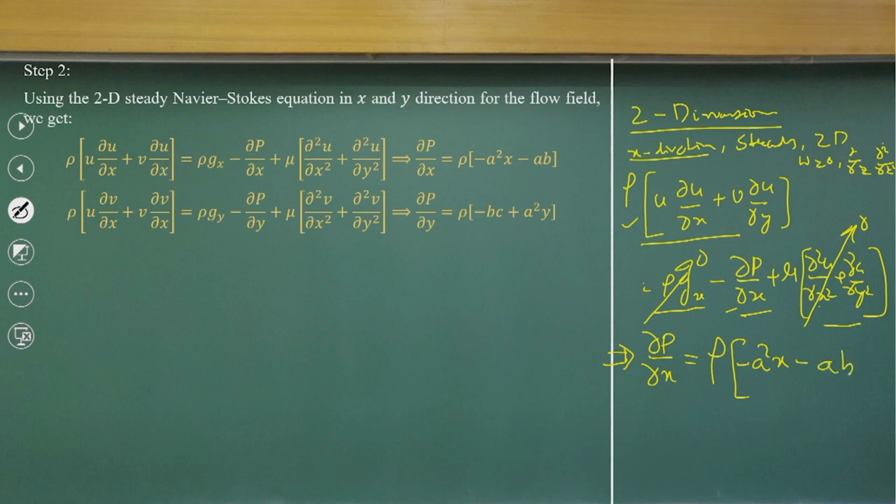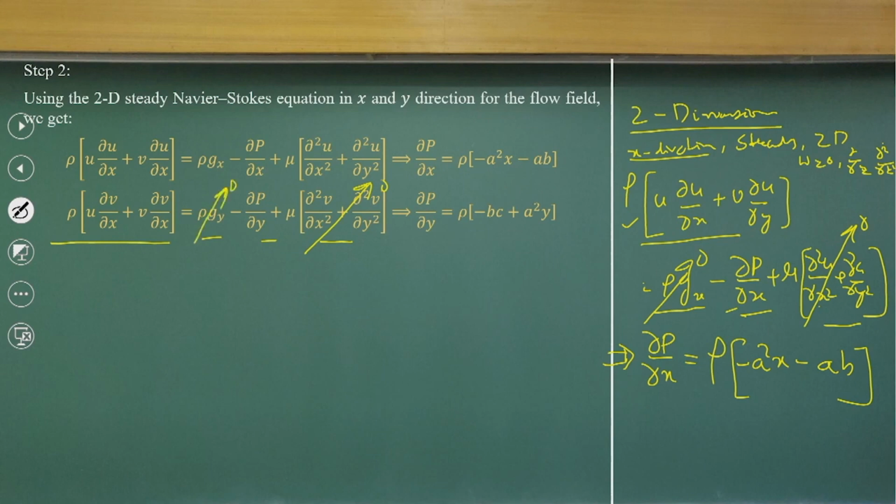minus a v. In the same way, if you apply the momentum equation in the y direction, I will get this component. This component is anyway 0 and this component is 0.